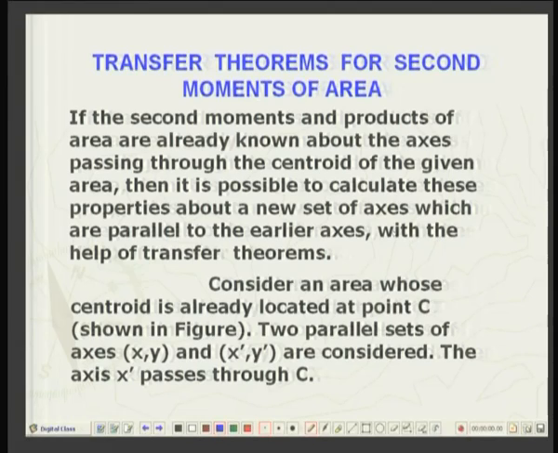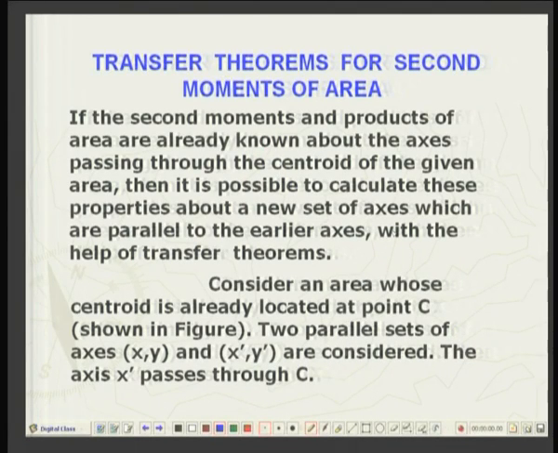One is the given axis passing through the centroid, second is the parallel axis, in terms of the second moments about the first axis. So, we can correlate the two. This theorem will be how to correlate between two parallel axes, provided one of them is passing through the centroid of the area.